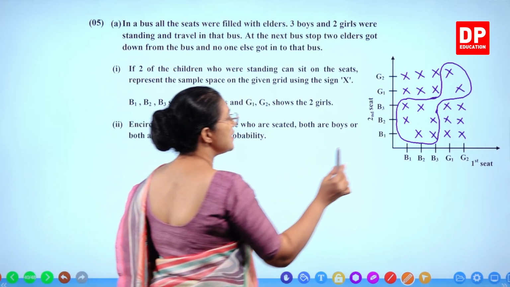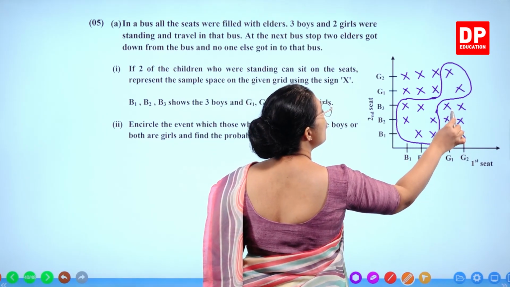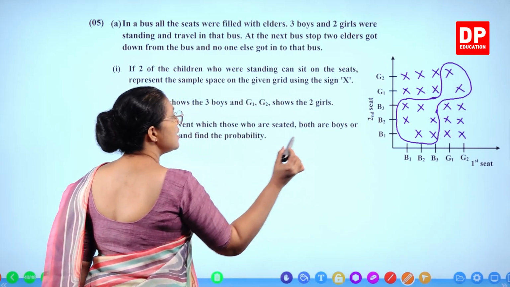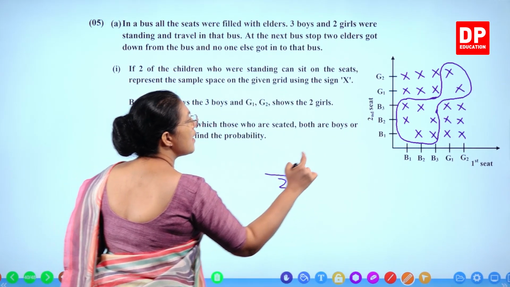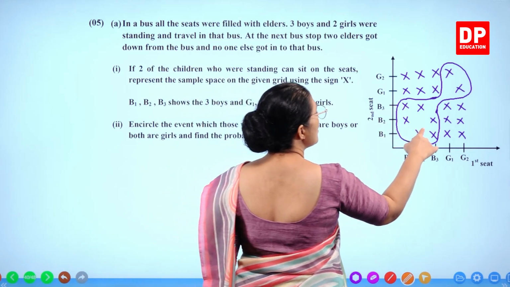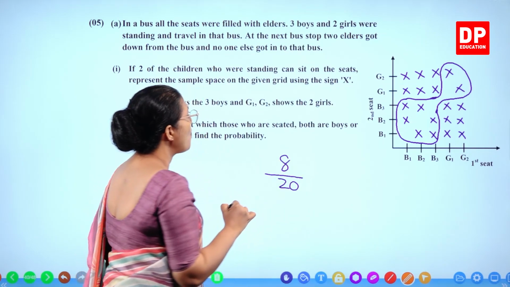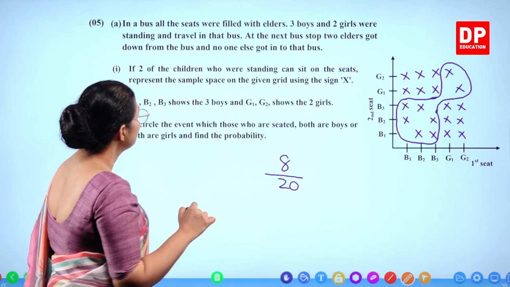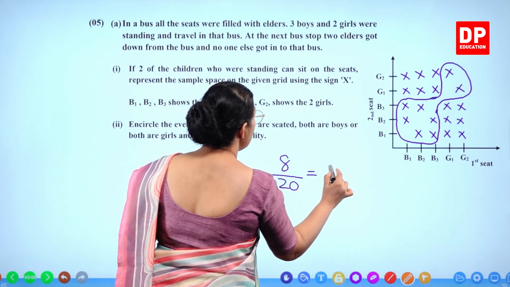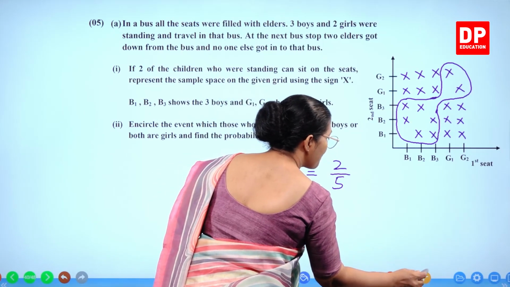So what's the probability? What's the total? How many crosses are there? 1, 2, 3, 4. 4 times 5, 20 crosses are there. Out of 20, how many inside the circle? 1, 2, 3, 4, 5, 6, 7, 8. So the probability is 8 over 20. So you can simplify, 4 times 5, 2 over 5.